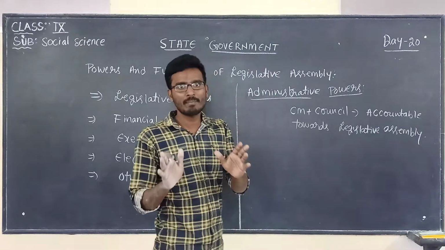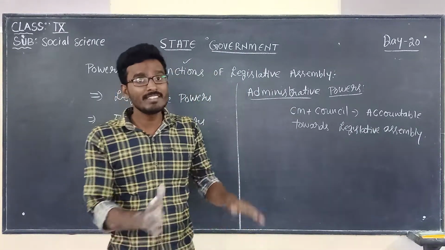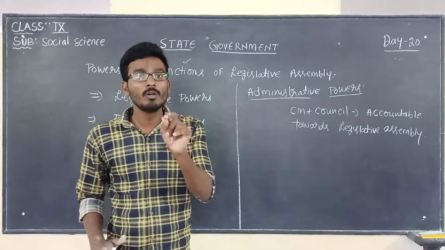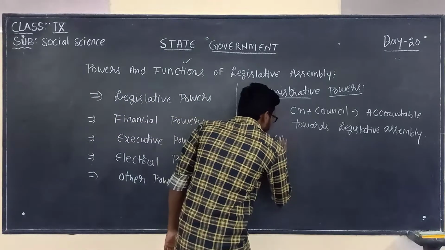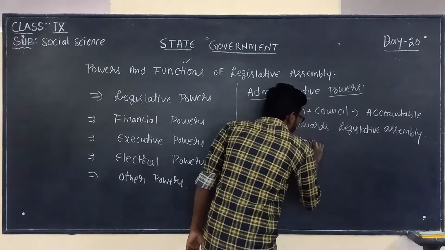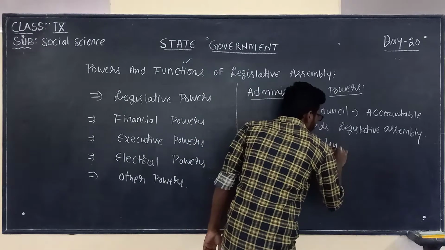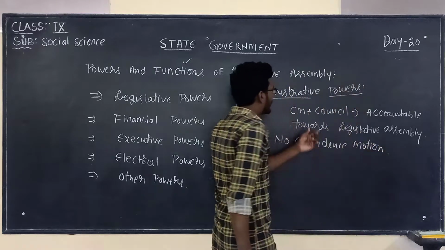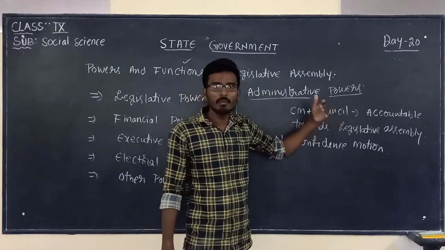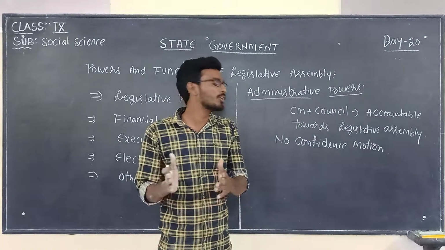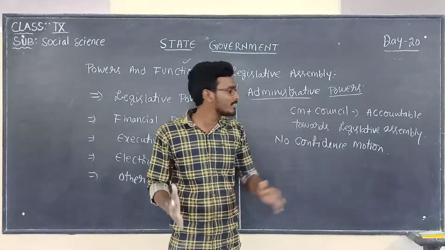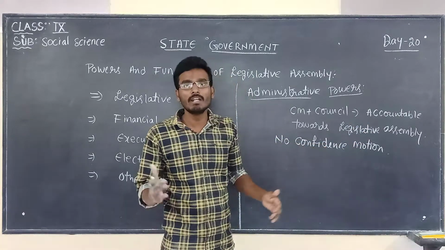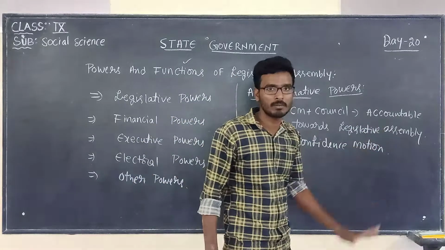If this does not happen, then what happens? I told you one term: no confidence motion. If the chief minister and his council are unable to give explanation for the questions in the legislative assembly, then a no confidence motion bill will be introduced in the legislative assembly.